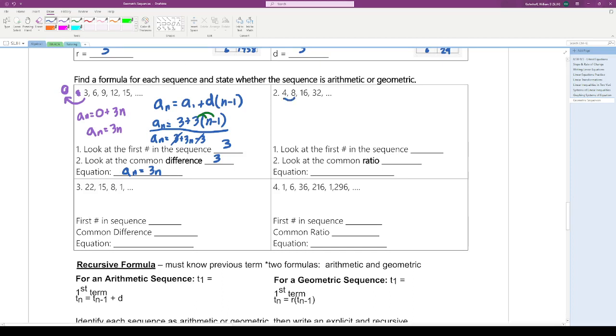So here we have times 2 times 2 times 2, and that means that our first term is 4, our common ratio is 2, and we could write our explicit formula as an equals our first term of 4, and then since we have a common ratio, that means we're multiplying by our common ratio raised to the power of n minus 1. So that's our explicit, but then simplified explicit, we could do back to the 0 term.